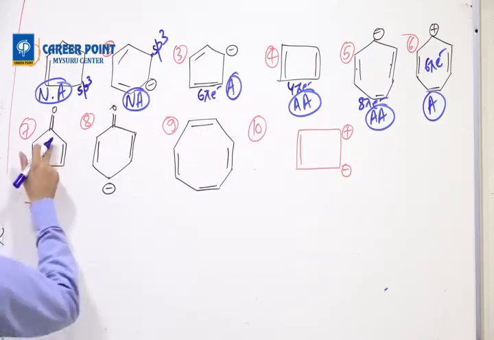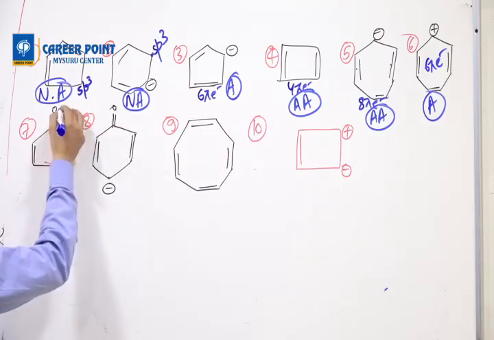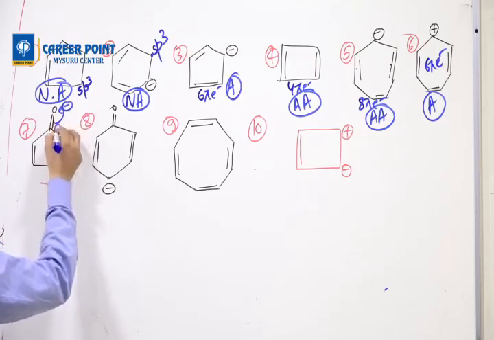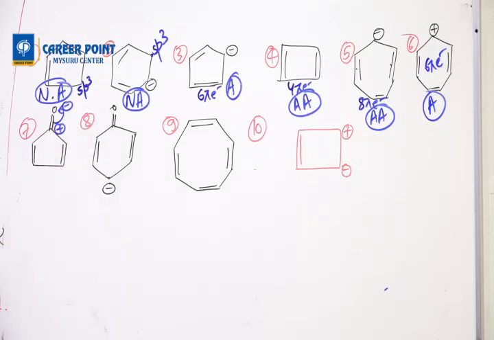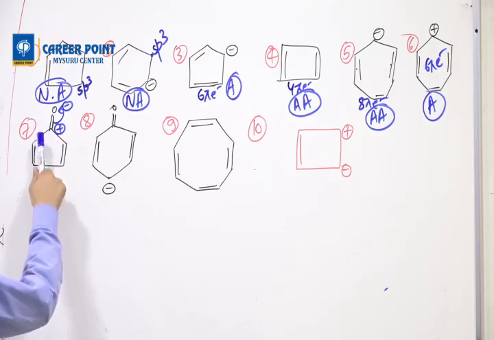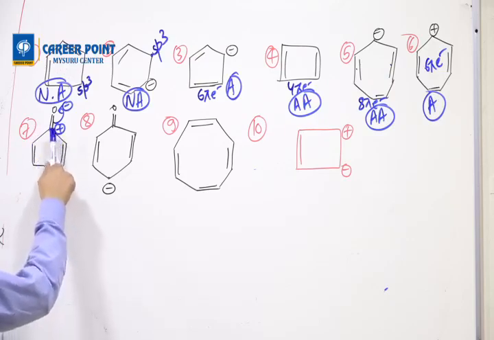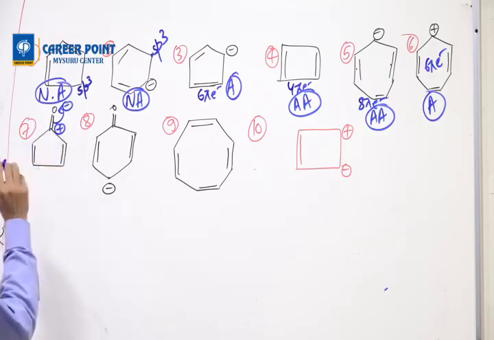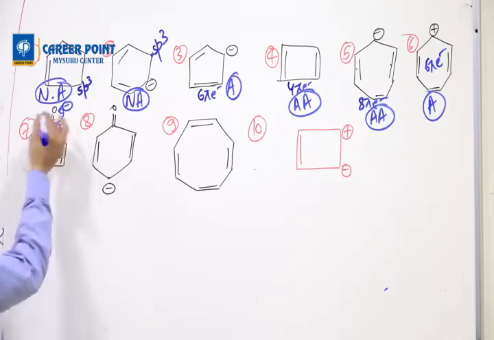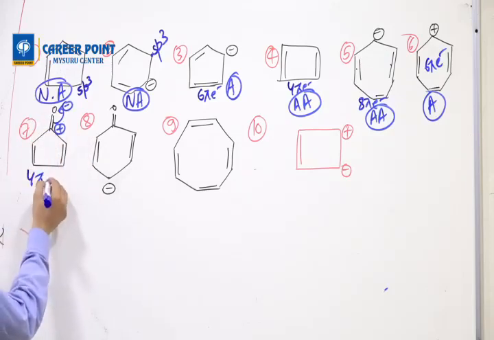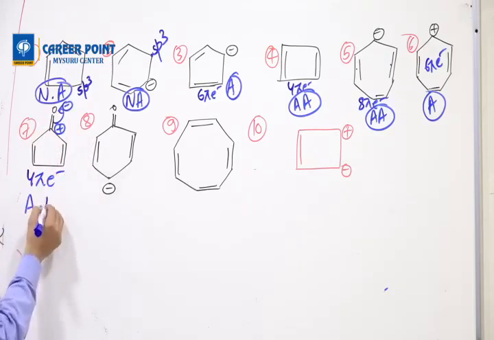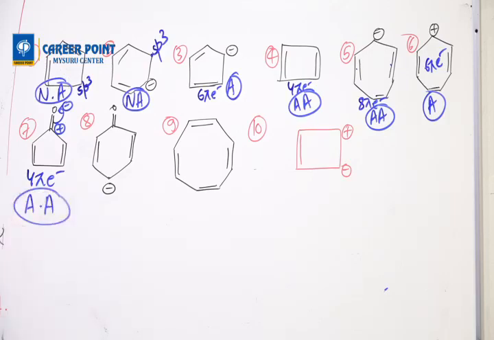Now we do it here. In this type of question, this double bond shifts there. Minus, plus. So double bond, single bond, double bond, double bond, single bond, positive charge, single bond, double bond. So complete conjugation, total 4 pi electrons. So anti-aromatic.